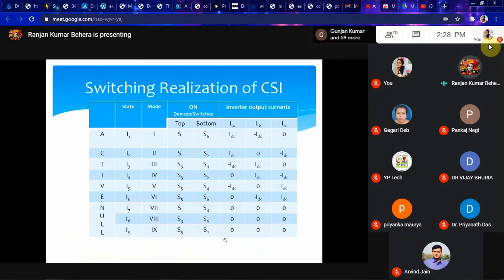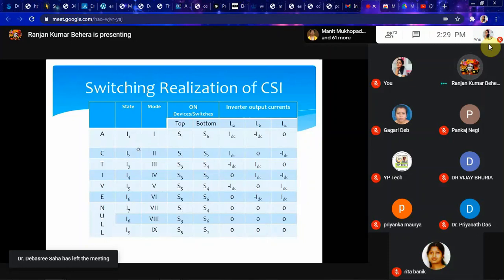So based on this discussion, we found there are 6 active switches, I1 to I6, which you can see are these states, and 3 null switches, I7, I8, and I9. The null switches always give output current 0.